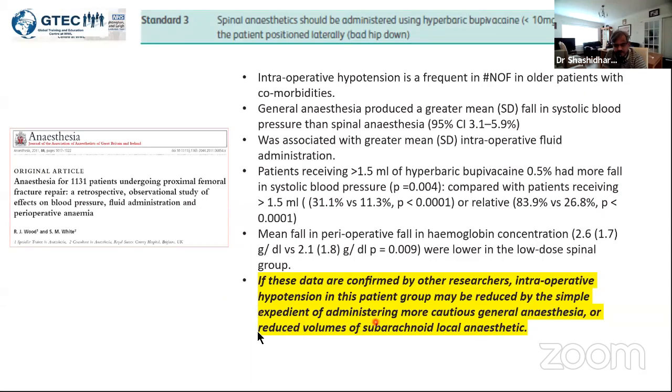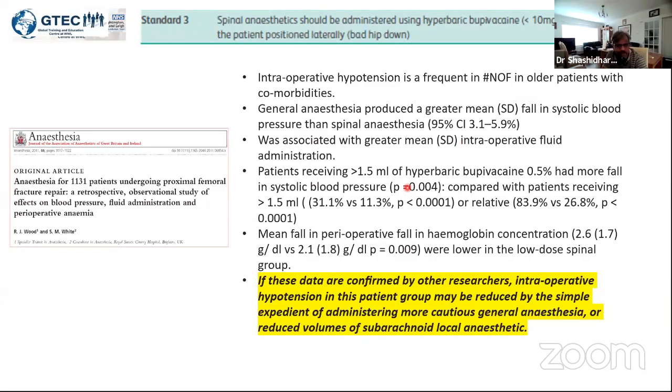I agree with the first part, expediting administration of cautious general anesthesia. What I don't agree with is the low volume local anesthetic completely, because the comparison is between 4 milligrams against 10 milligrams, and it's a single study.